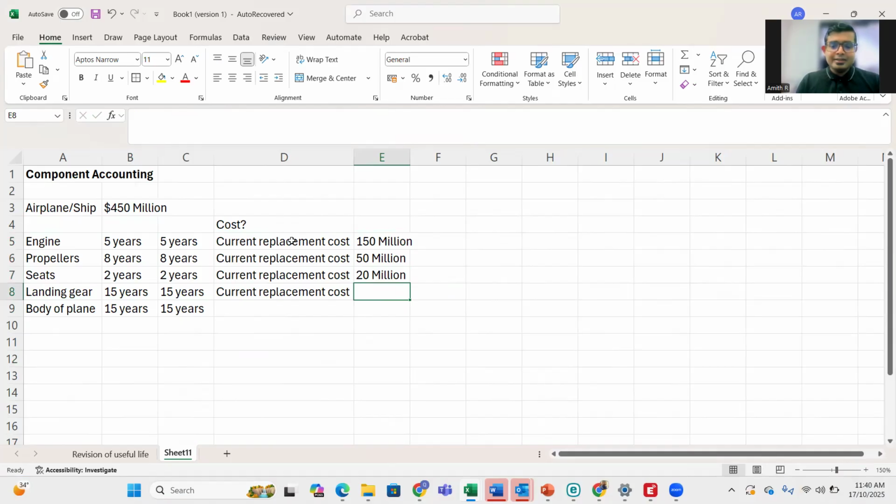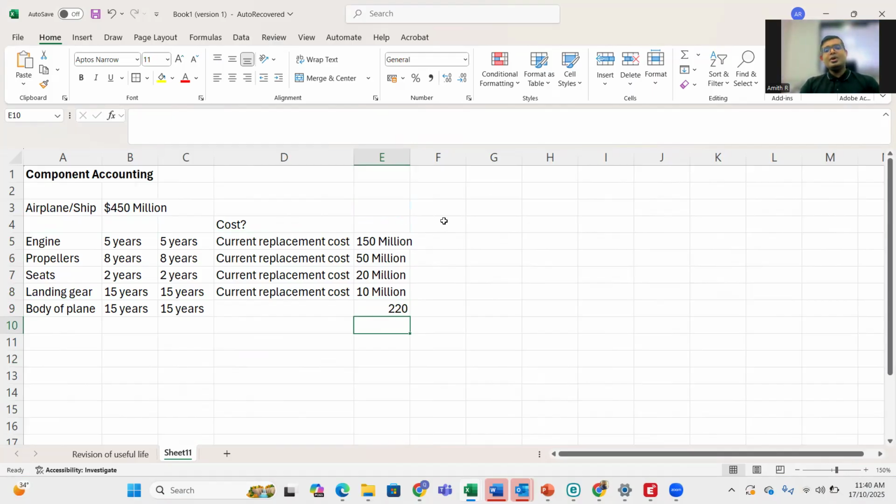For the landing gear is like 10 million. The rest of the body of the plane will be allocated, equal to 450 minus 200, 230. This is how the accounting works.